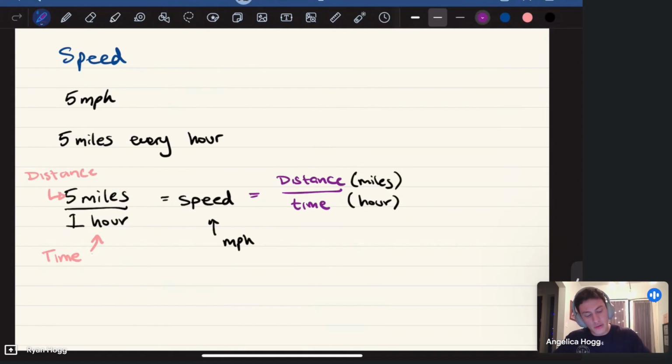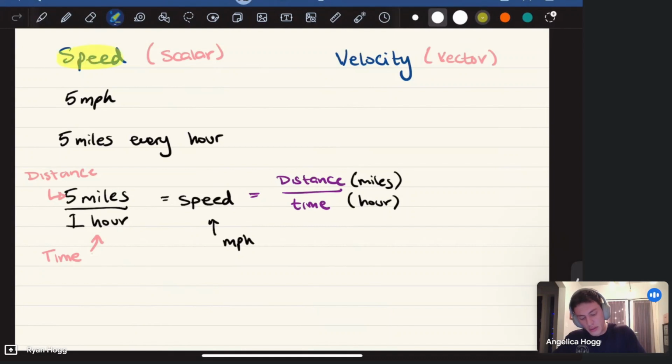Now, similar to distance and displacement, we have velocity, which is very similar, but speed is the scalar form, which remember that means no direction, and velocity is the vector form, so that has direction. And we said before, on this side, we had distance as our speed measurement.